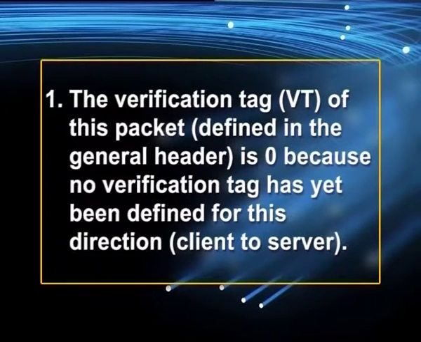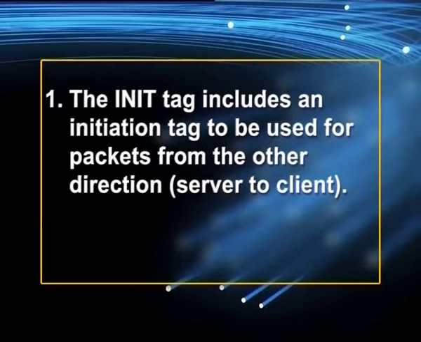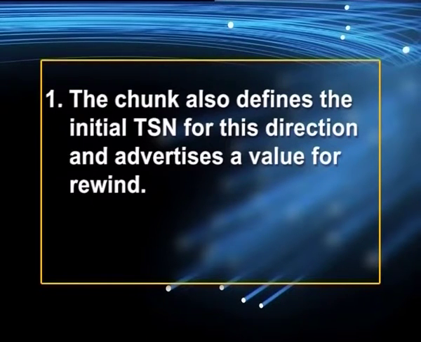The verification tag VT of this packet defined in the general header is 0 because no verification tag has yet been defined for this direction, client to server. The INIT chunk includes an initiation tag to be used for packets from the other direction, server to client. The chunk also defines the initial TSN for this direction and advertises a value for rwnd.